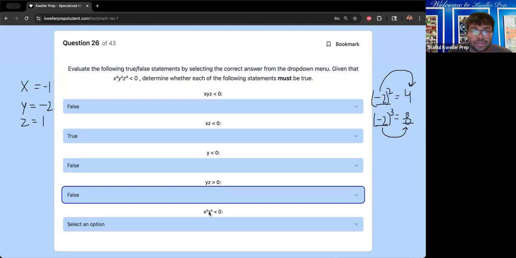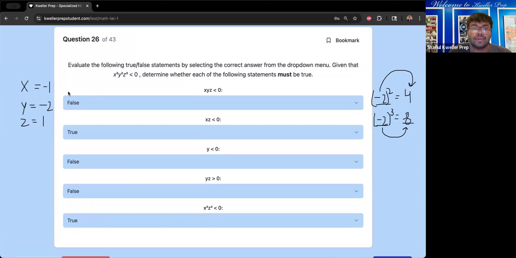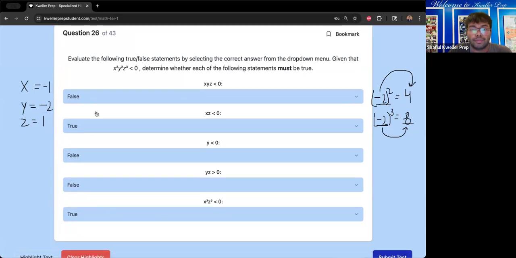And then x cubed times z cubed is less than 0. This is true, because if we plug both of these in, these will both be negative. But we can choose a y where the y is either negative or positive. So we say that y is equal to like 2.